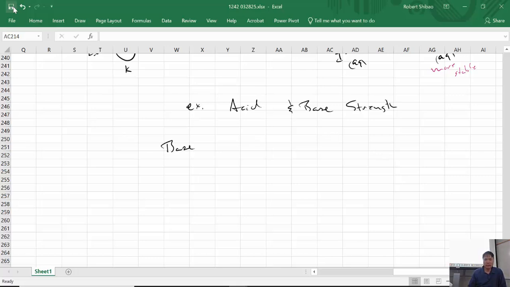When we look at base strength, what makes a good base? Let me see. There's other factors here.